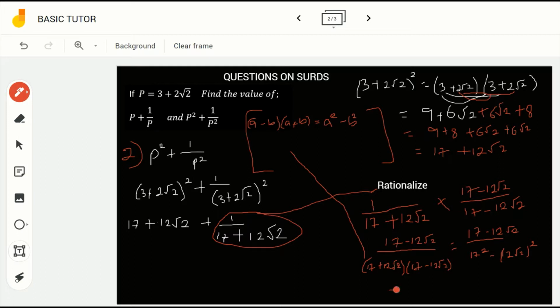Therefore, our final answer is 17 minus 12 root 2 divided by 17 squared, which is 289, minus 12 root 2 squared. 12 times 12 is 144, root 2 times root 2 is 2, so 144 times 2 is 288.